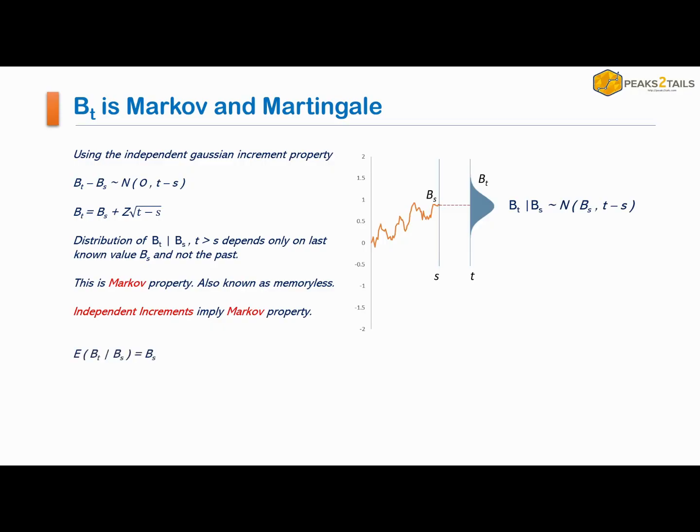Also, we can see that the future distribution of Bt given Bs has a mean equal to Bs. Whenever the future distribution has a mean equal to the last known value, we call that a Martingale. So Brownian motion is both Markov and Martingale.